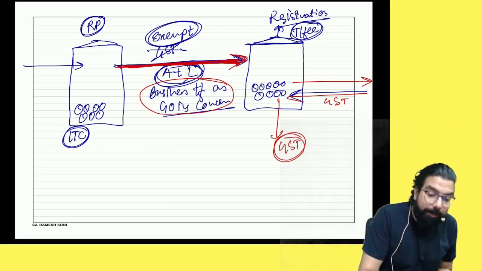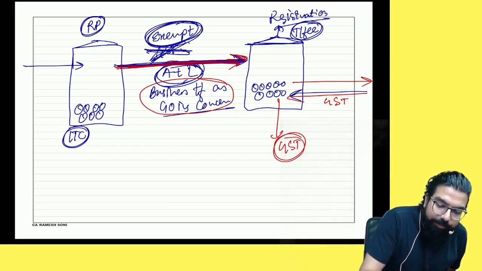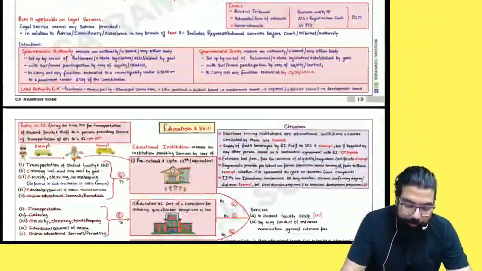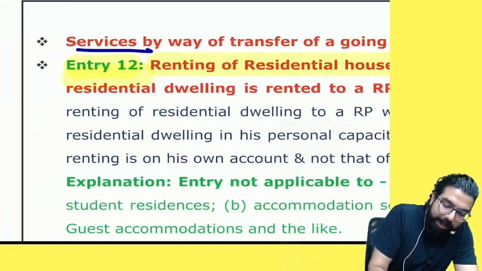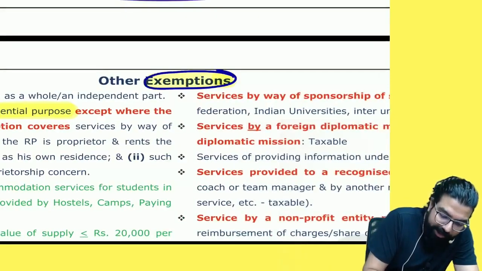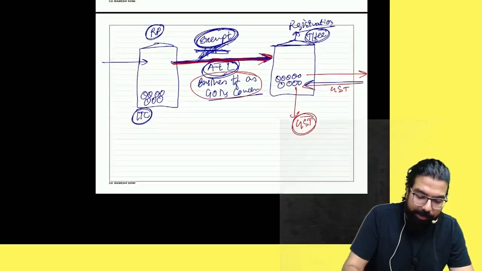So the government is telling Ramesh, when you are selling him all the assets and liabilities, I don't want any GST. When we are learning the chapter of exemption, I'll show you this. Whenever anybody transfers a business as a going concern, there will be no GST. GST will be exempted.